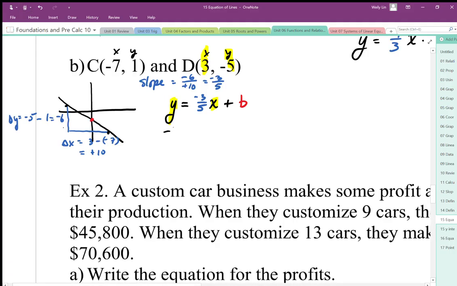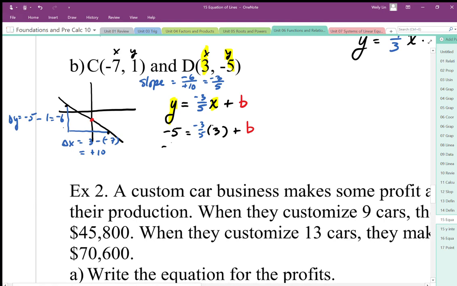So y is -5. Again, remember to put the y with the y. And my x is going to be 3. And I have -3 over 5 as my slope. My only unknown left in this equation now is b, so I'm going to algebraically solve for b.